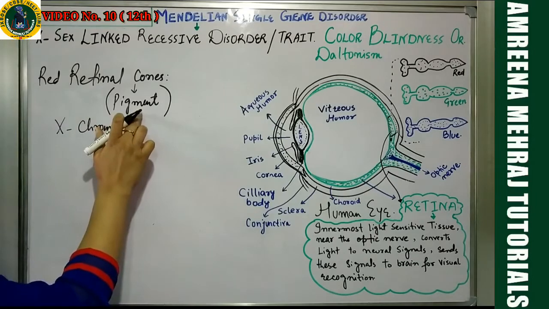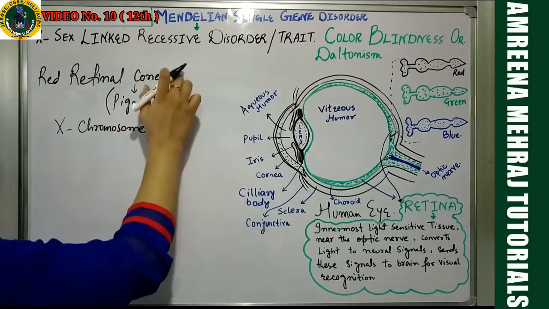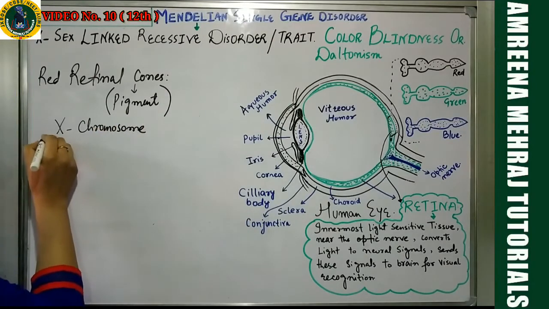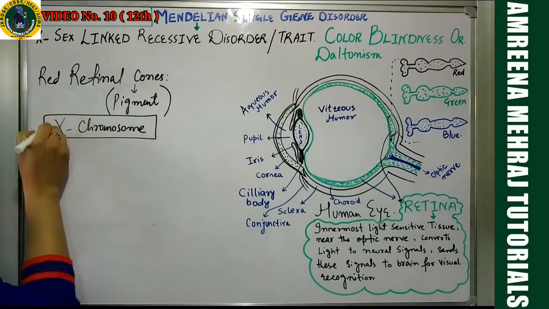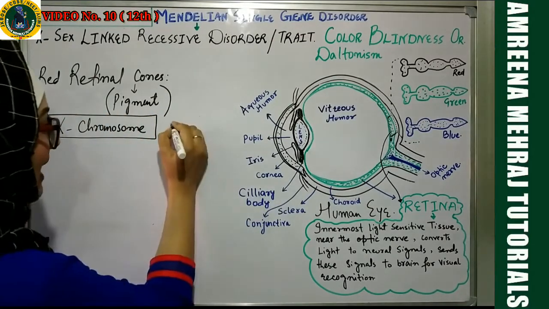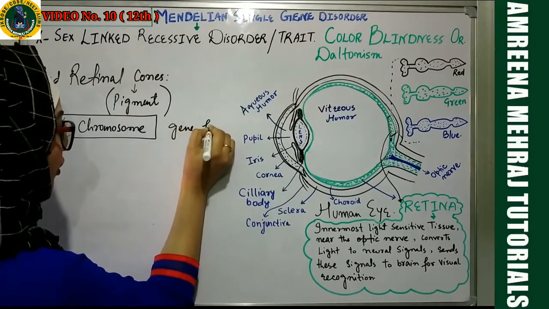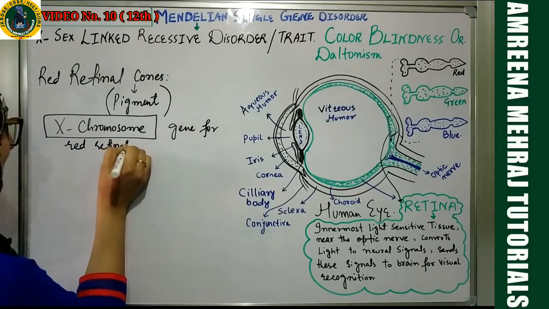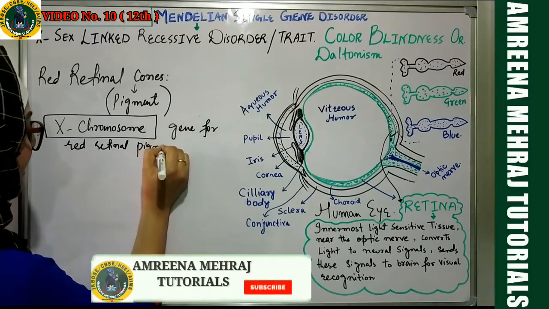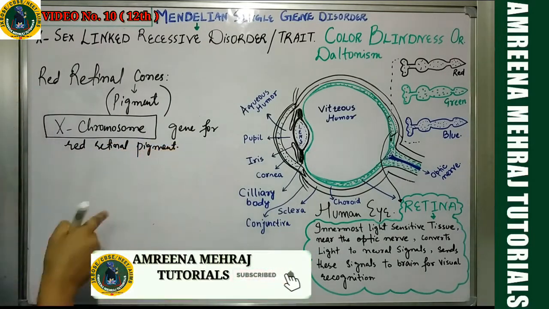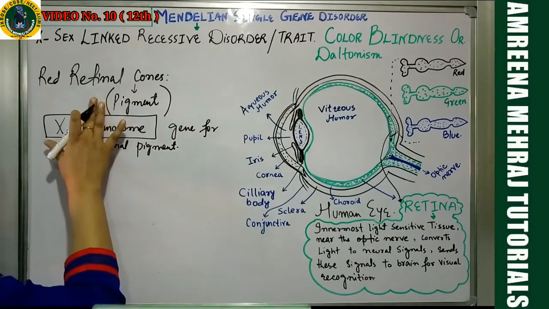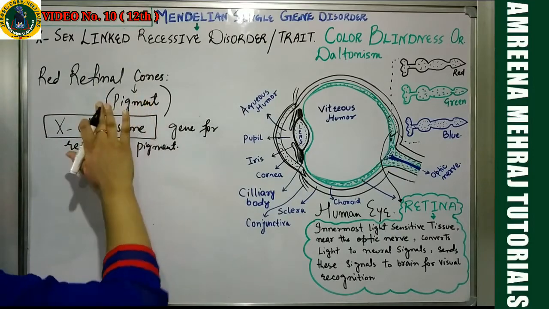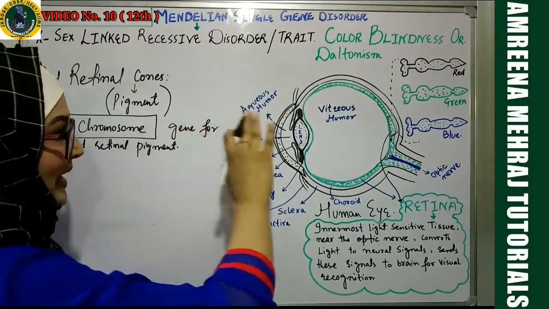The gene for this particular pigment, which is going to be present in the red retinal cones, is located on X chromosome. Try and understand, very easy it is. Now, if this gene is normal, the person will have the red retinal cones with the perfect pigment, and the person will be able to visualize red color.